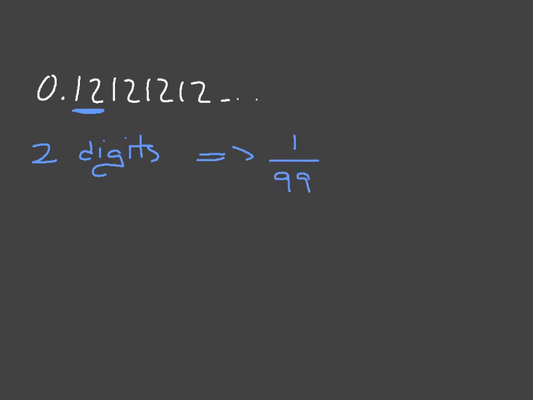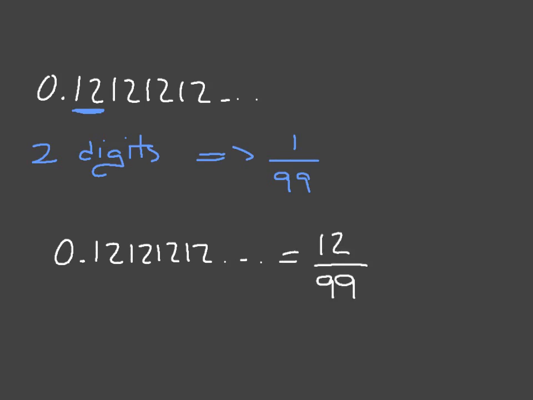The way we write this as a fraction is by writing the two digits that repeat themselves on top of this fraction. So 0.12121212 and so on is equal to 12 over 99. And there you go. That's how we do it. And again, type that in your calculator and you'll see it's going to give you 0.12121212, etc. Which is pretty neat.